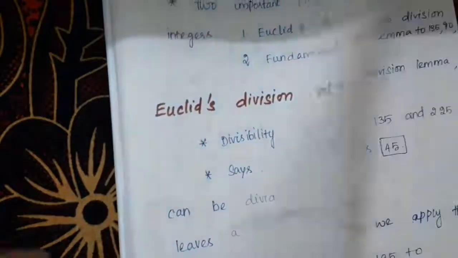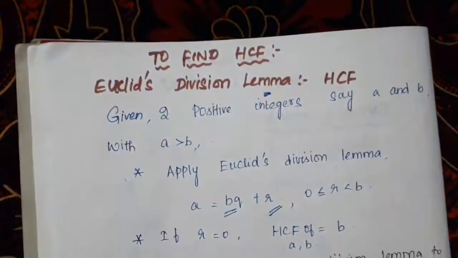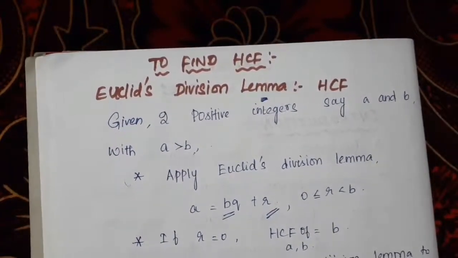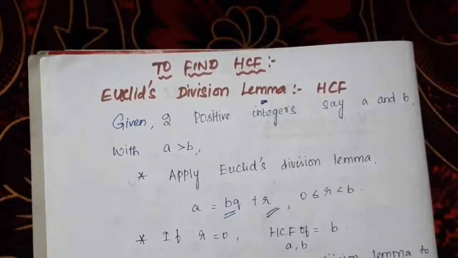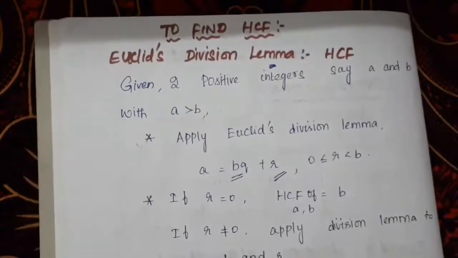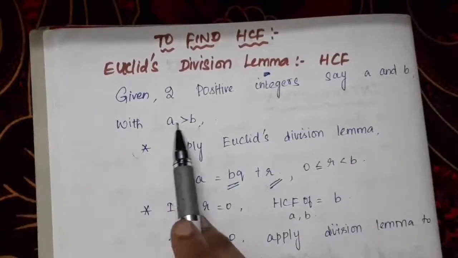Now I'll explain how we compute the highest common factor of two given positive integers by using Euclid's division algorithm. This is also called Euclid's division lemma. What is the meaning of lemma? A lemma is nothing but a mini theorem. Given two positive integers a and b, with a greater than b.